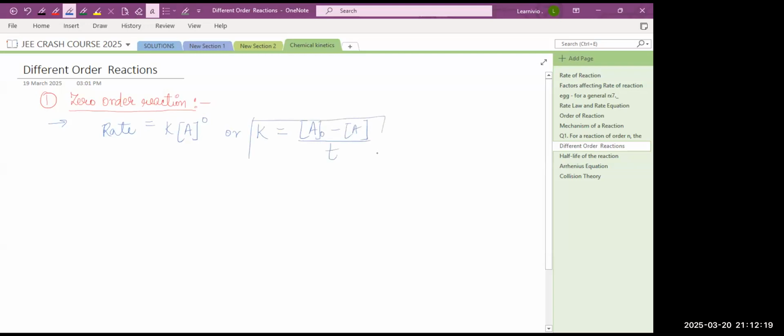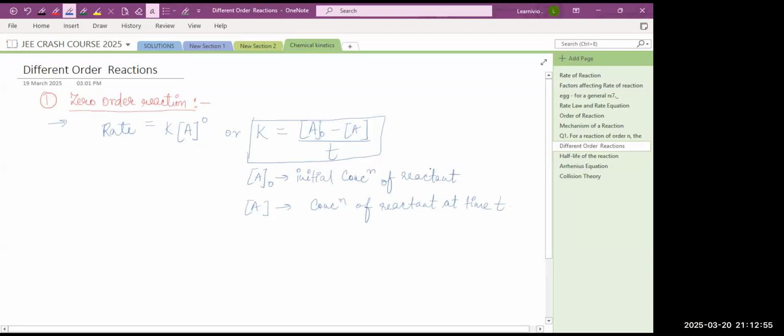This will be the formula for the rate constant for zero order reaction. And what is a naught here? A naught is your initial concentration of reactant, and a is the concentration of reactant at time t.